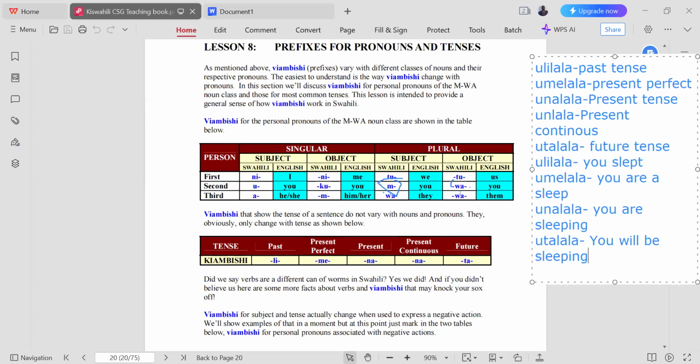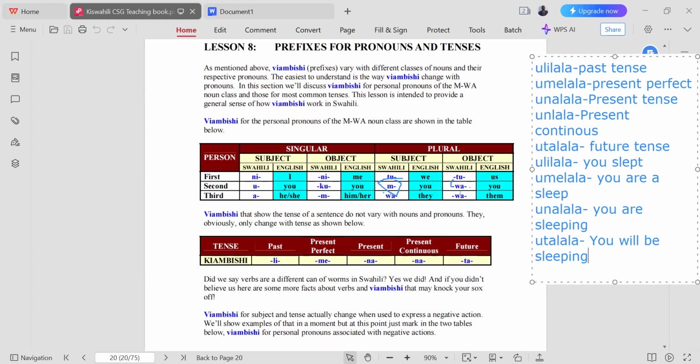That's when we say umelala. But when you say unalala, which means you are sleeping, in this context, yes, now you are in the sleep, but you have taken time, or you are starting to sleep. So it's unalala, you are sleeping, which means the sleeping is a continuous thing. It's still going on, you see? When you say you are sleeping, it's either something that is starting or something that's ongoing. So you are not yet awake.